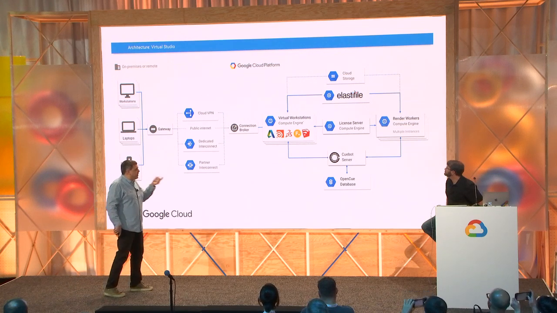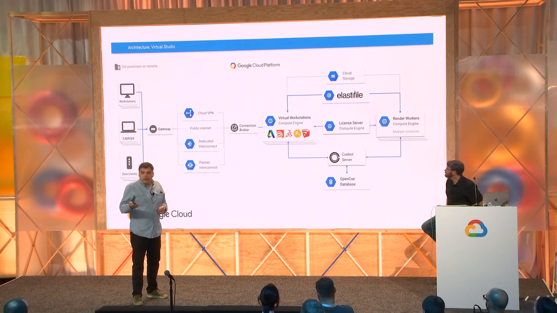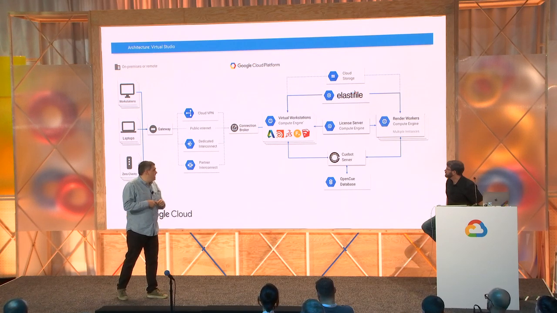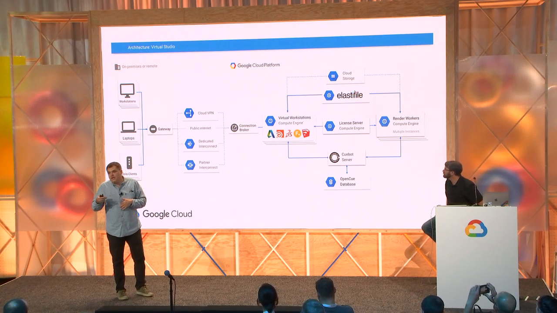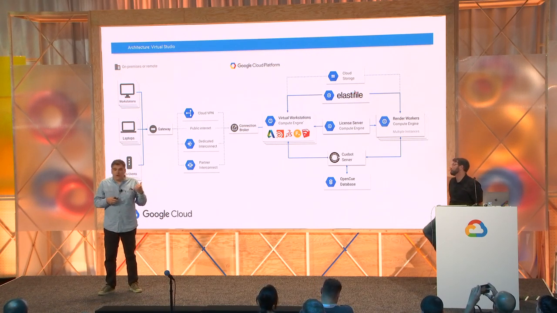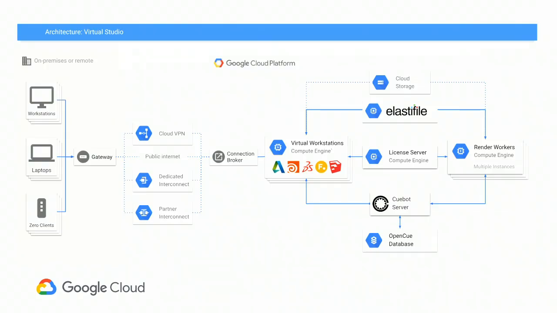In addition to that, we have our QBot server. QBot server is a piece of OpenCue that I mentioned earlier. It is managing the distribution of the jobs. Maintaining the state of our database is an OpenCue database running on CloudSQL, which uses PostgreSQL. And then we've got a group of render workers in the background.